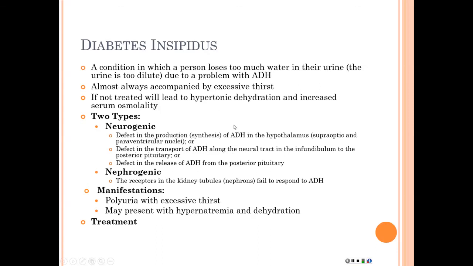You're not making it and releasing it into the body. Nephrogenic diabetes insipidus is when the receptors in the kidney tubules don't respond to ADH. That's where the target is, that's where the receptors are, and suddenly something's blocking or damaging those receptors in the kidney. Kidney disease, for instance, can lead to nephrogenic diabetes insipidus. The body's making ADH just fine, but the kidneys aren't responding to it.